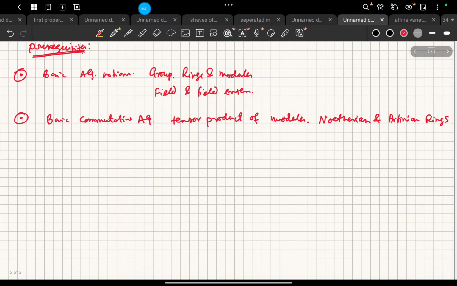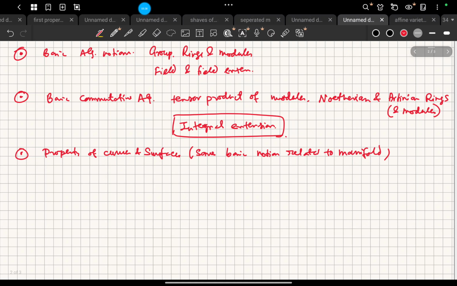property of curves and surfaces. Maybe some basic notion related to manifold, because we'll be defining something called Zariski tangent space.